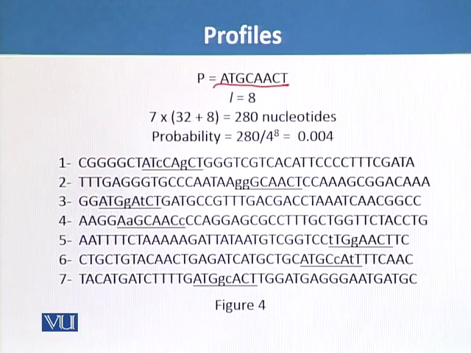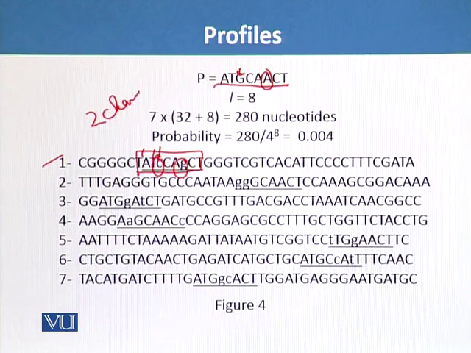So in actual problems, here we can see in the first nucleotide sequence, this is the pattern that we have incorporated, and at the second position it should be G, but here it is C. And in the 6th element, it is G here, it should be A. So in this way, we can see that there are 2 changes in the conserved region of P in the first sequence of nucleotides.